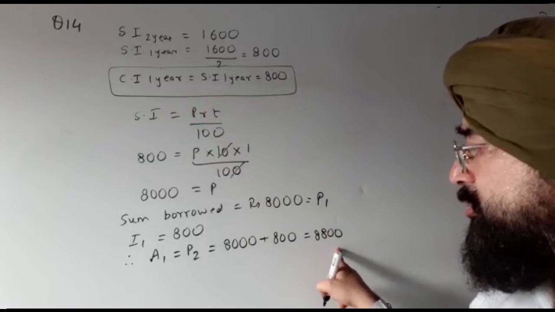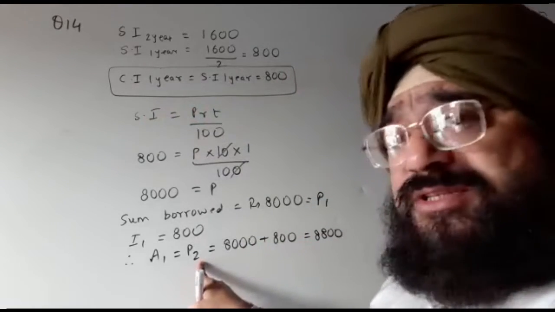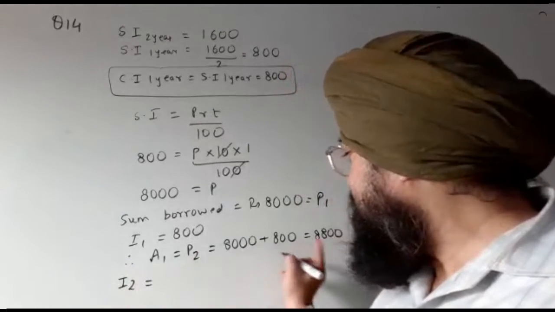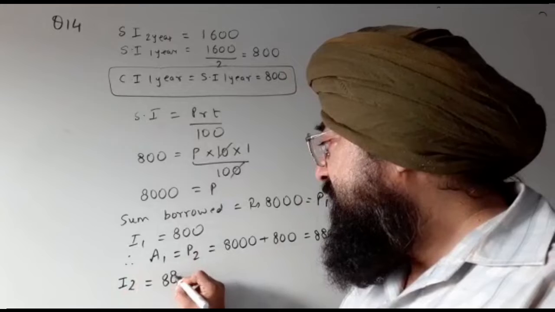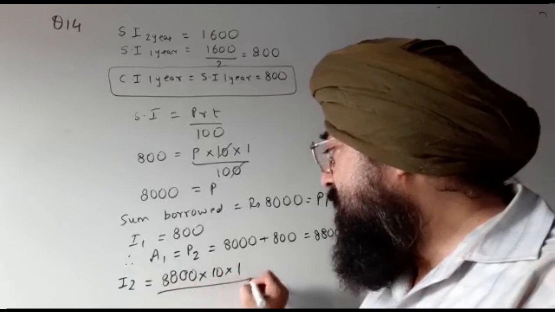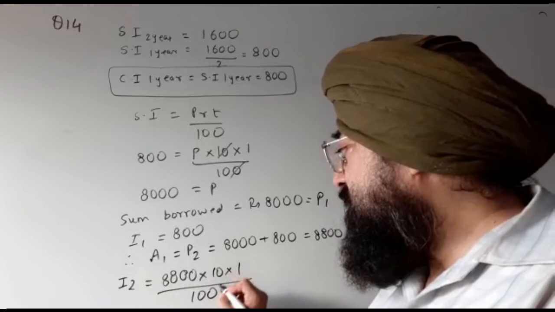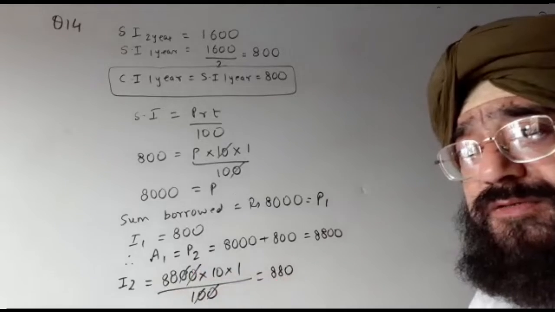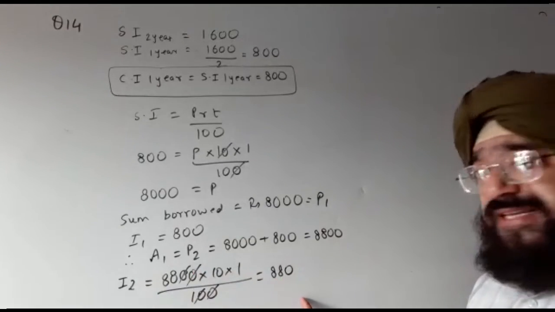We directly could reach to A1. This will become the principal for the second year, and therefore you can calculate I2 now using this 8,800. 8,800 into rate is 10%, into time is 1 upon 100. So you could see that 2 zeros cancel and you are getting 880. So this becomes the interest for the second year.